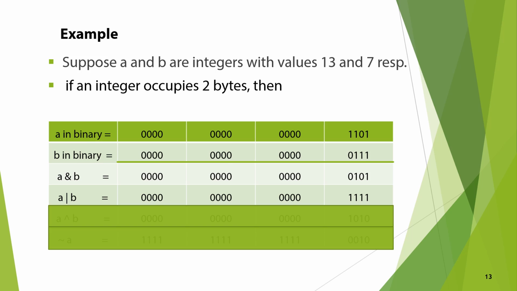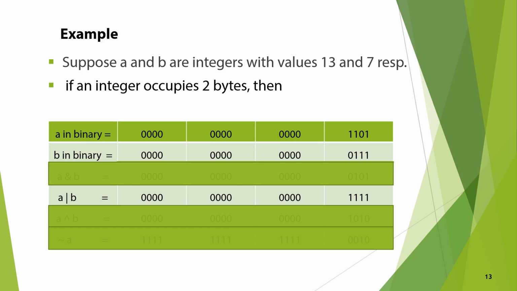Then the second operator used is OR. We know that if any one of the operands has value 1, then the result is 1. So when we say A OR B, 1 1 gives 1, 0 1 again gives 1, 1 1 gives 1, and 1 0 also gives 1, and all leftmost zeros remain as they are. So this is how we can use AND and OR operators.